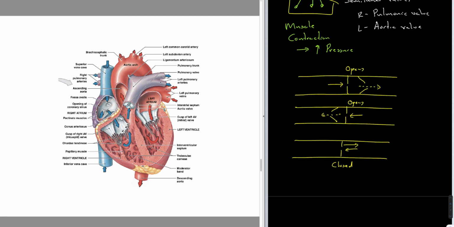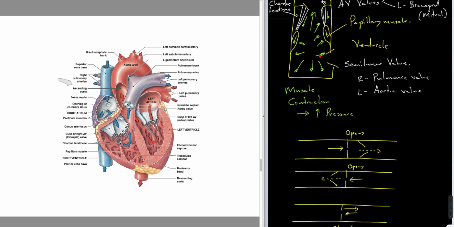Now, for the semilunar valves, it's just a matter of pushing enough force for them to open up. And that has to do a lot with how much blood is left over, because any blood in the arteries is going to put a force against these valves, the semilunar valves.